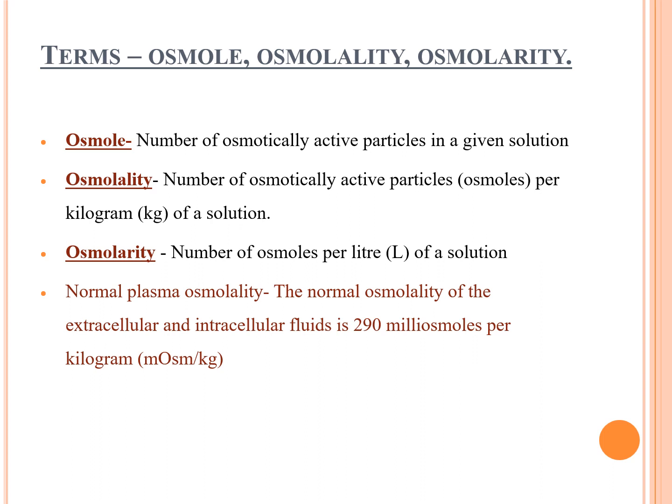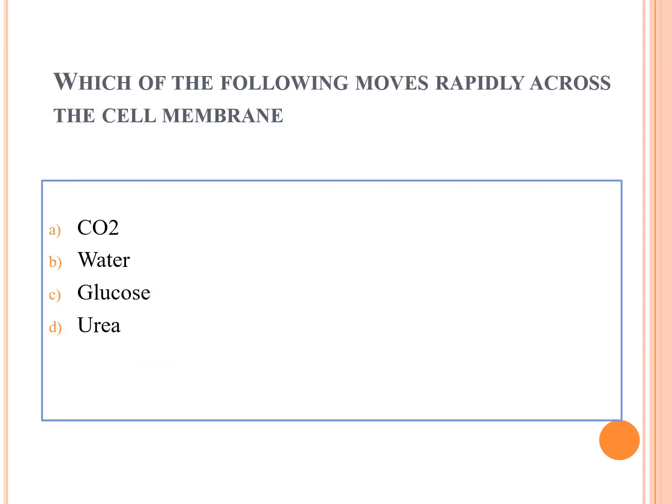What is the normal plasma osmolality? Normal plasma osmolality is 290 milliosmoles per kilogram, and this was an MCQ asked in this year's exams. So 290 milliosmoles per kilogram is the normal osmolality. So that's all for today's class, and we will move to the MCQ session.